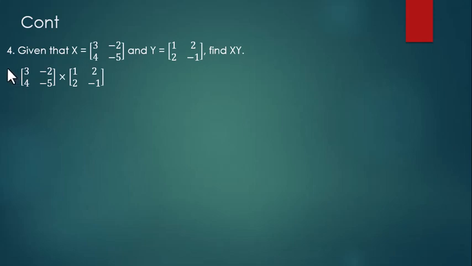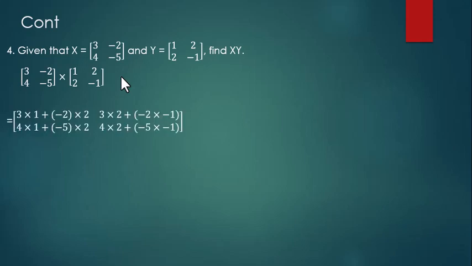So how are we going to multiply this matrix? We said in our class that we first start with the first row, first column, then first row, second column. Then when we come to the bottom side, we say second row, first column, then second row, second column. So this is how we are going to work this out. So we multiply 3 by 1 plus negative 2 multiplied by 2.